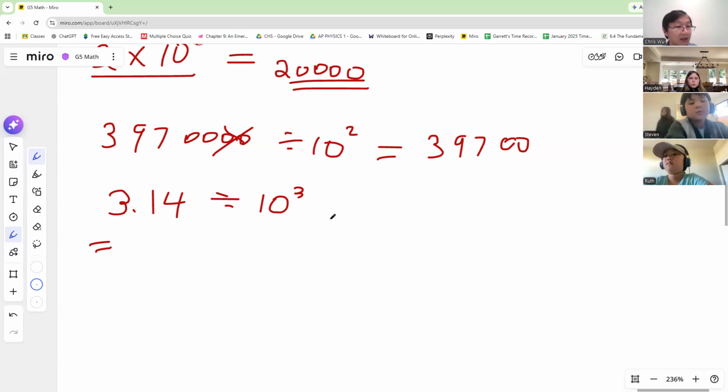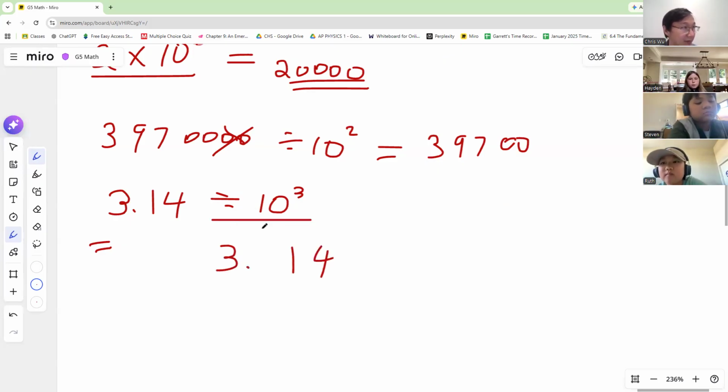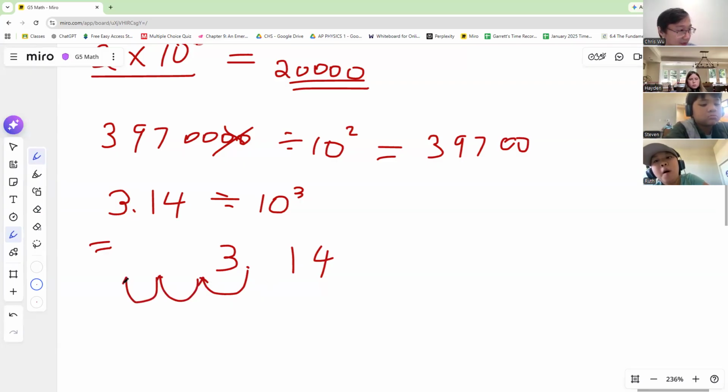The decimal would get moved to the left. Good. Beautiful. Yes, we'll move the decimal to the left because we're dividing, right? So we're making numbers smaller. So we're going to move it 3 times to the left. 1 time, 2 times, 3 times. So what would that be?